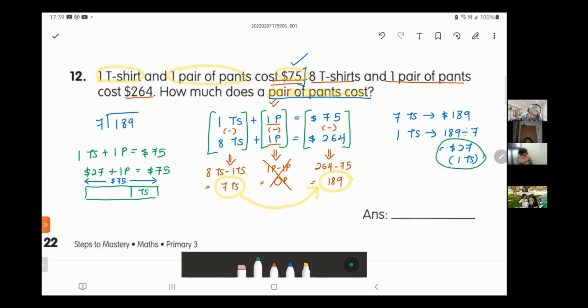This is t-shirt and this is pens. T-shirt I know is $27. Can I find my pens? I can by taking $75 minus $27. And I will be getting $48. Answer is $48. Okay, take note of the answer.